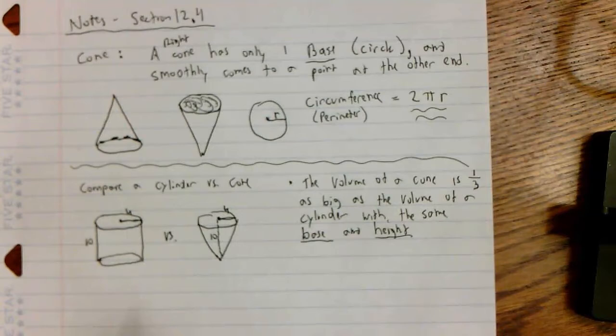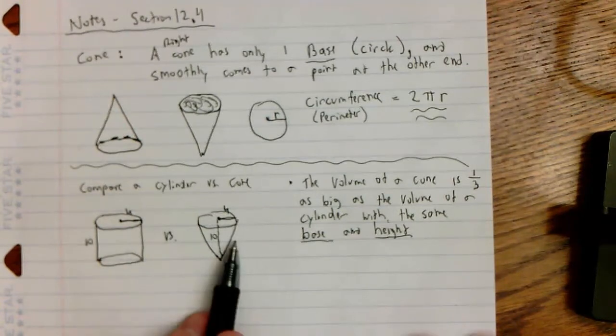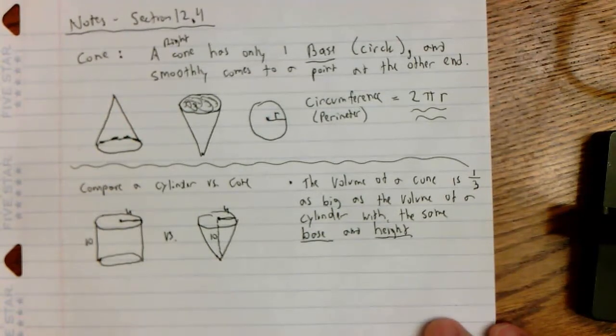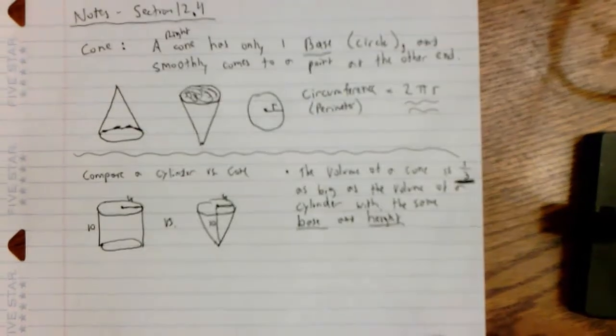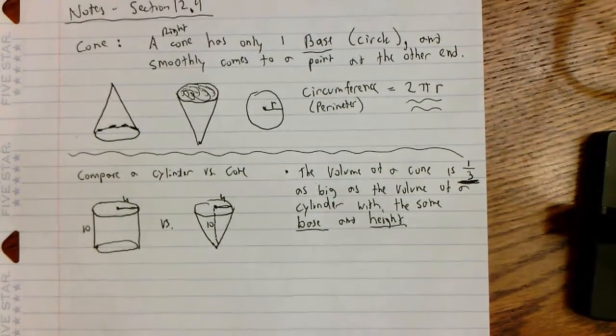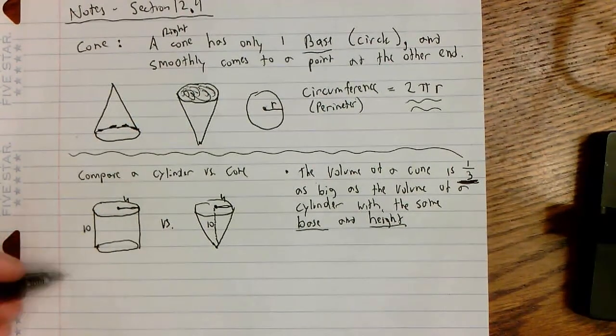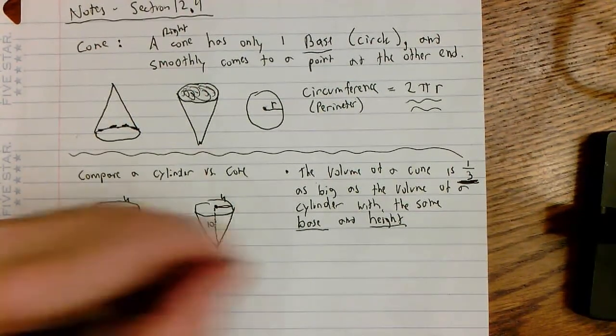So if you have a cylinder and a cone, and they're the same size essentially, then the cone is 1/3 as big. Or if you said it the other way, you'd say the cylinder is 3 times as big. Alright, that's all we need there for the moment.